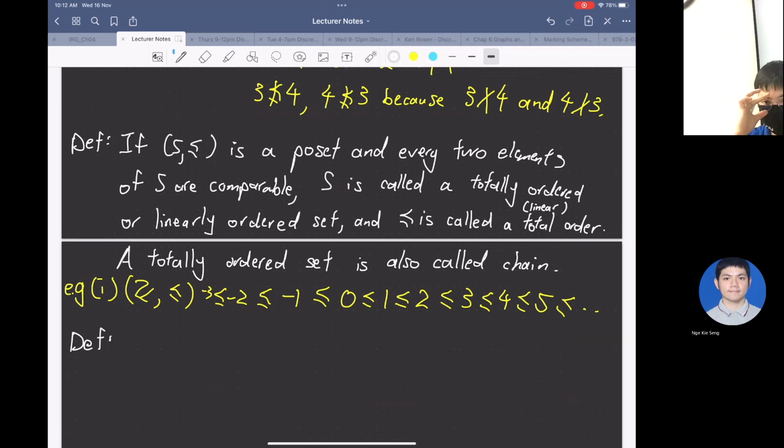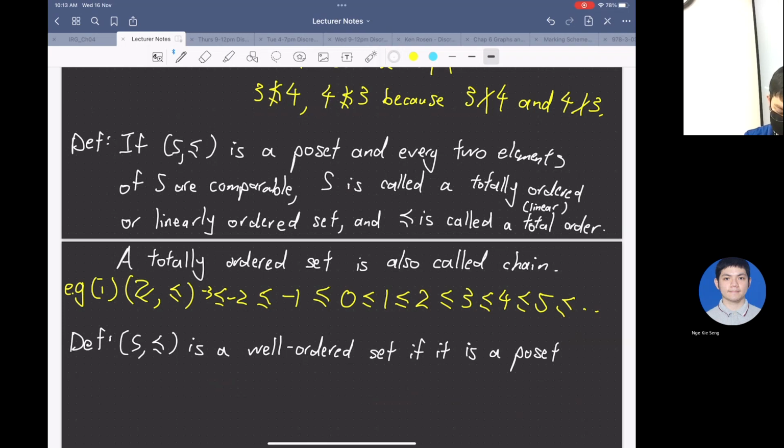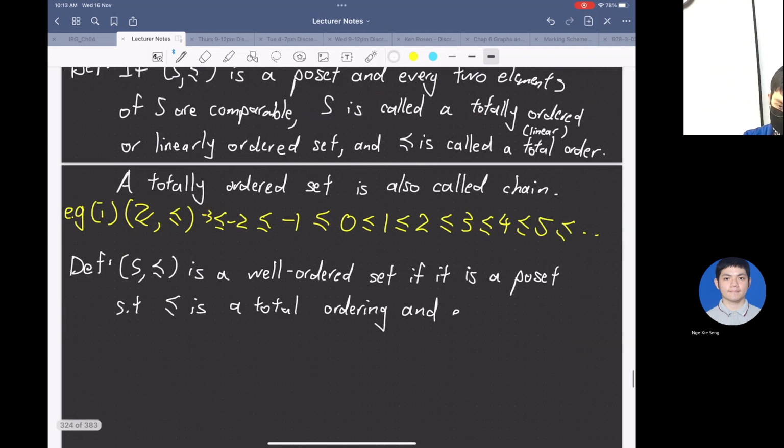The next one is well ordered. A set is a well ordered set if it is a poset with a total order, and every non-empty subset has a least element.